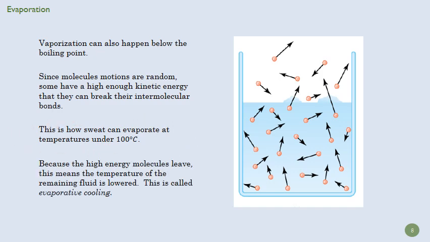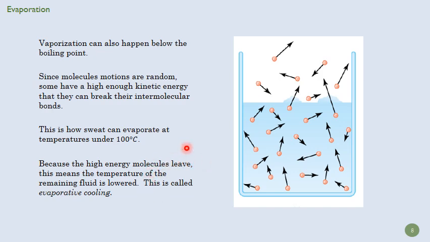But it also does something interesting, because you're taking away a really high energy molecule, right? Of the spectrum of kinetic energy in those molecules in that material, you're taking away the ones that have the most energy. What that does is it lowers the temperature of the remaining fluid, okay?